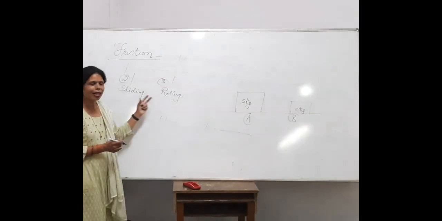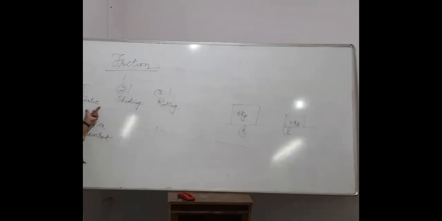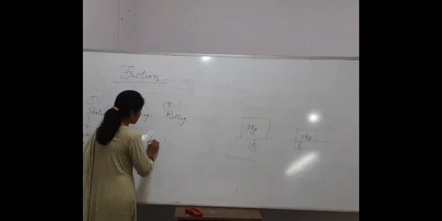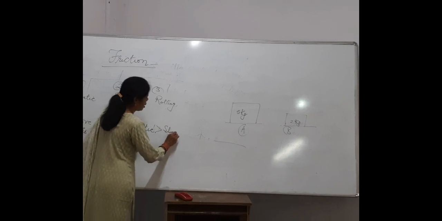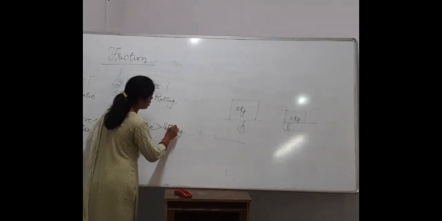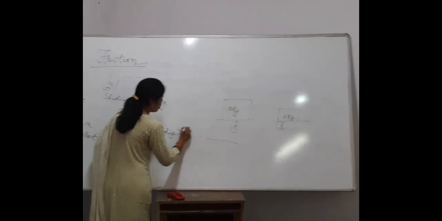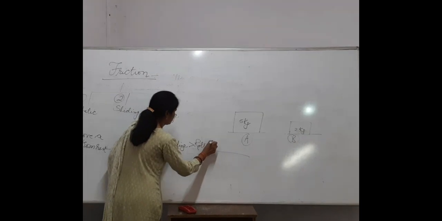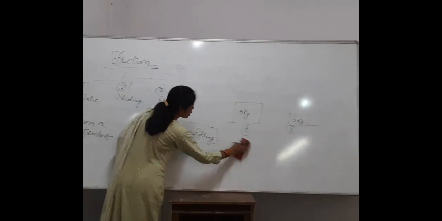Sliding friction is a little greater than rolling friction, and static friction is the greatest among the three. So you can write in this way: static friction, sliding friction, and rolling friction. You can note this down.